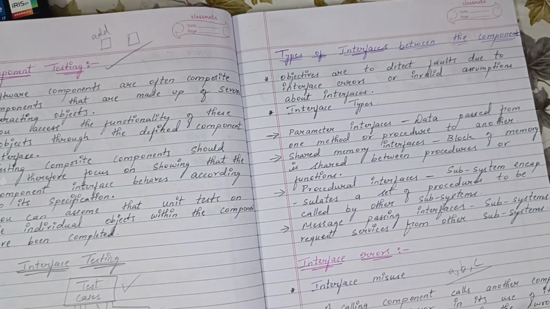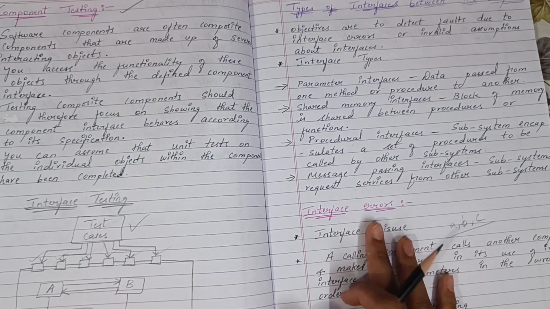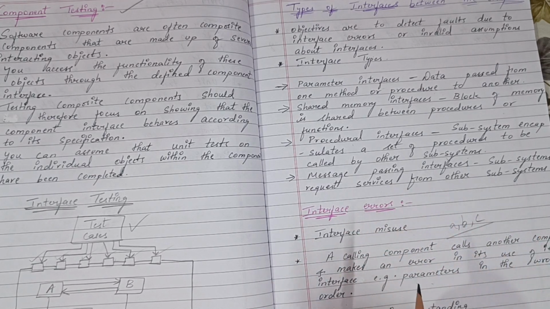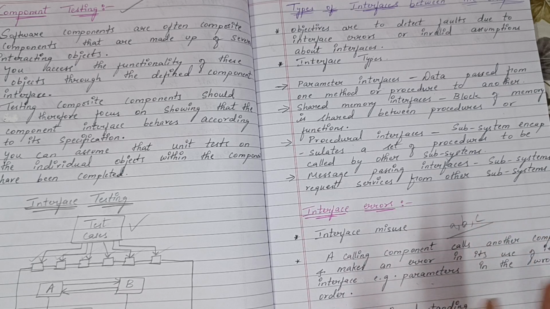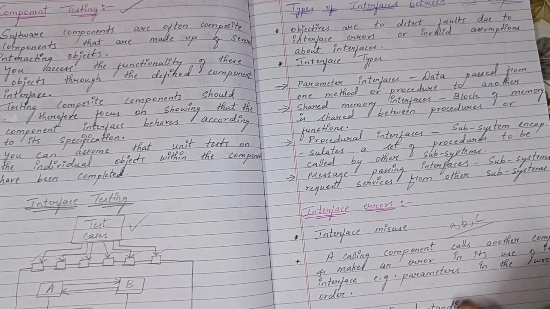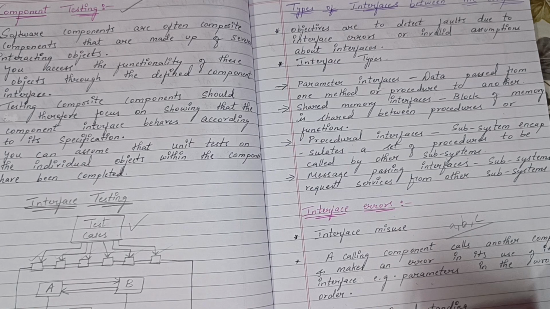If they ask about interface errors, you can explain this, or you can skip it if they have not asked it in the same question. Sometimes they might ask particularly to explain interface errors, then you have to explain these three types of interface errors.